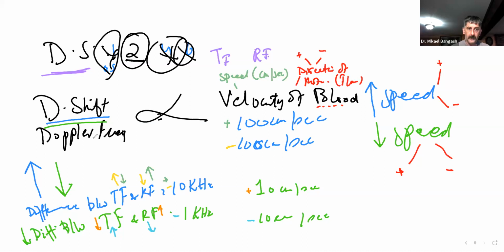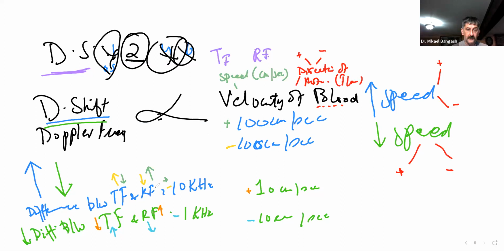So the Doppler equation is something that the system does. Based on the difference between the two frequencies, it determines the speed.